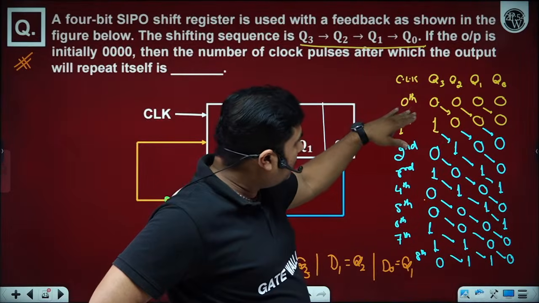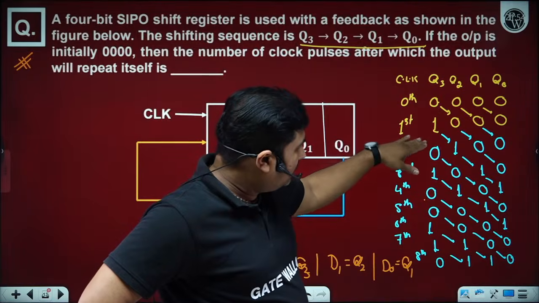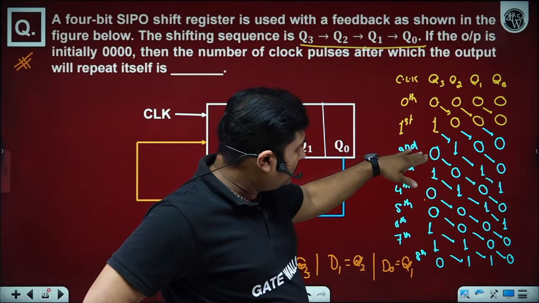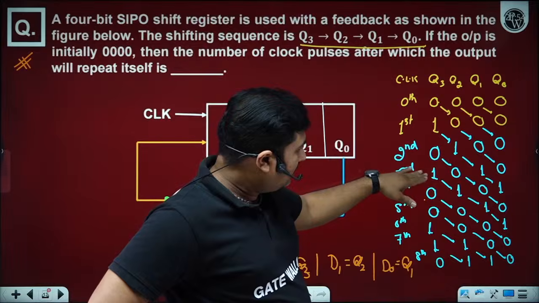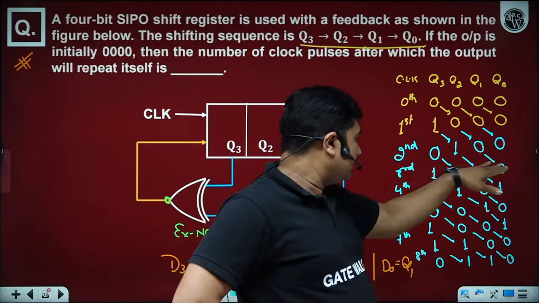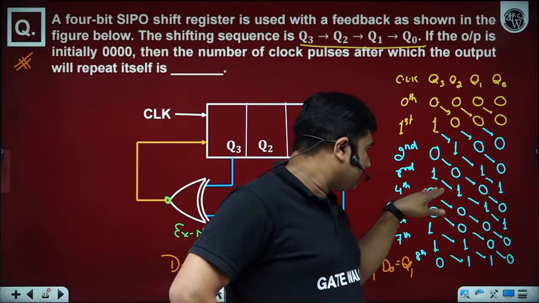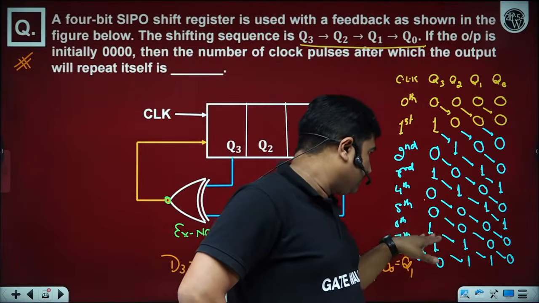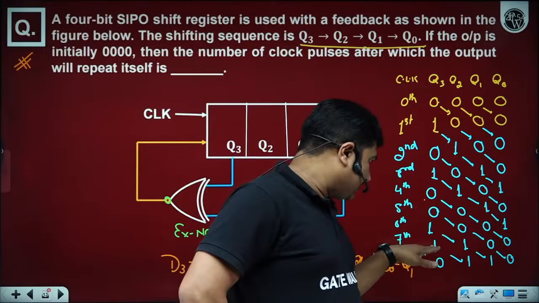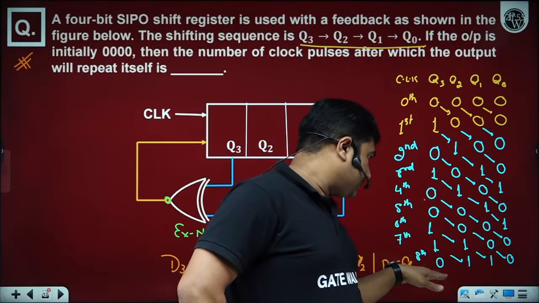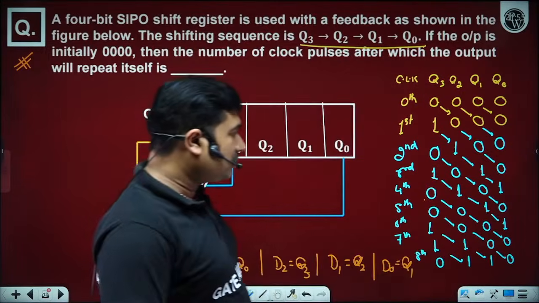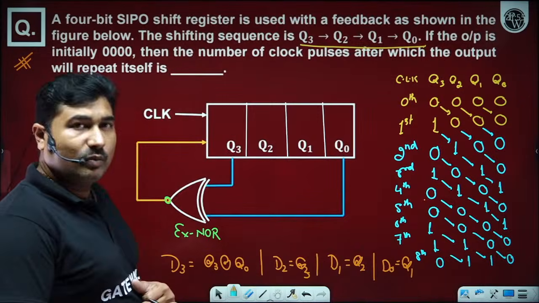On the first clock pulse, same gives 1, different gives 0, same gives 1. Then again different 0, different 0, same 1, same 1, different 0. So on the 8th clock pulse, we are getting 0, 1, 1, 0.